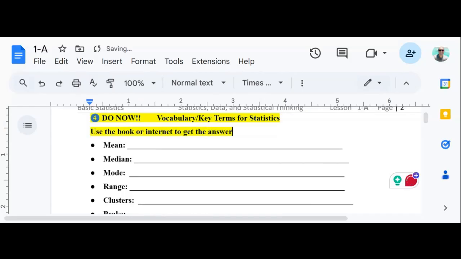Did you take the course of this before? No, first time. So use a book or the internet to get the meaning of the following words. Is this clear?